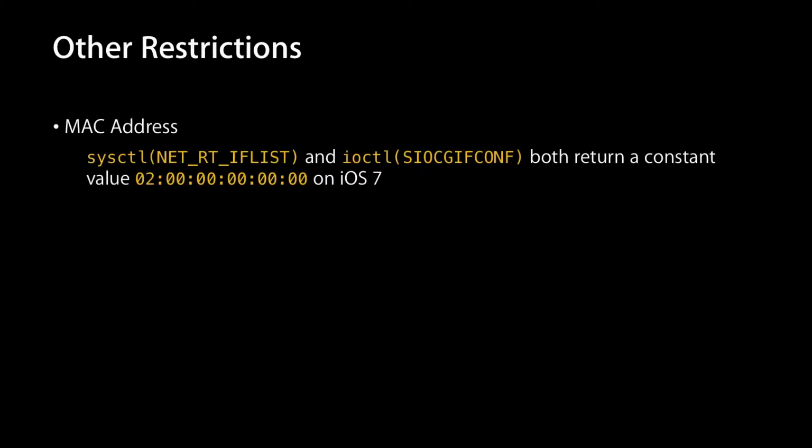We couldn't deprecate or remove sysctl and ioctl. They're used for other purposes. But you don't want to be using the MAC address as a device identifier any more than maybe you were using the old UDID. And using the MAC address for that purpose was always a bad idea because it's so easy to spoof a device's MAC address on the network and get access to things that you didn't pay for.